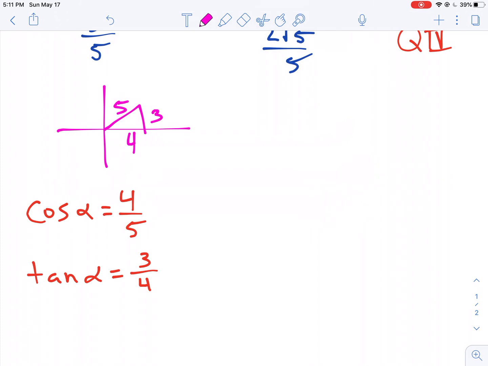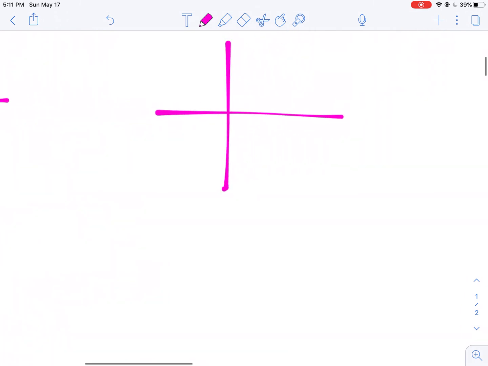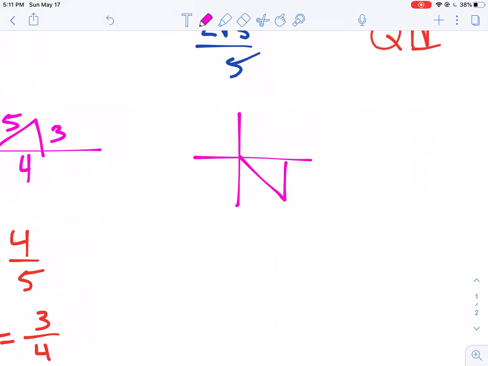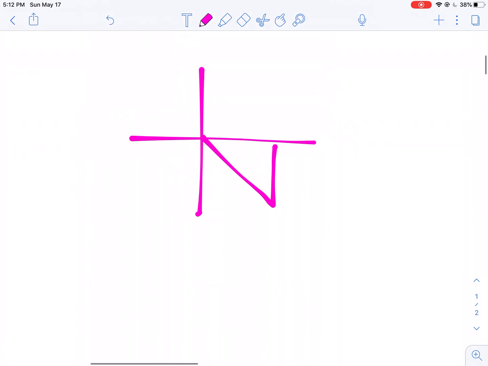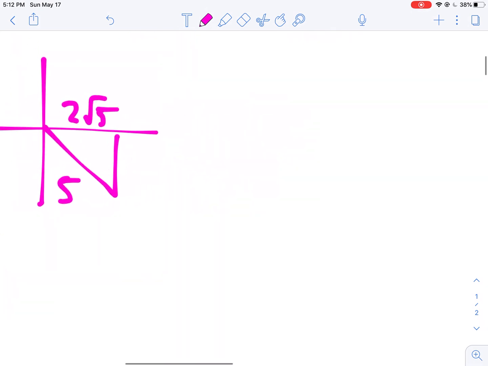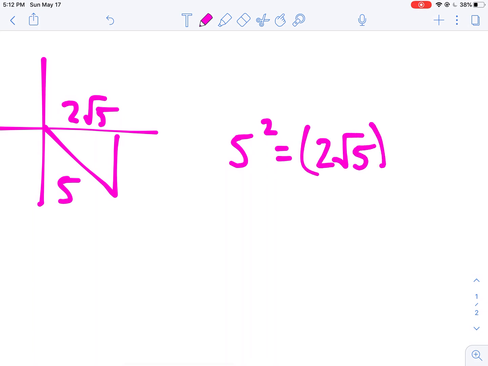If I look at beta, it's in quadrant 4. Theoretically we could break this down a little bit more. We'll call this 5 for my hypotenuse. My adjacent side is 2 times the square root of 5. So 5 squared is equal to 2 times the square root of 5 squared plus opposite squared.